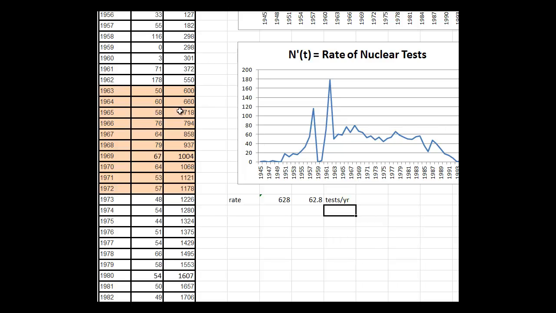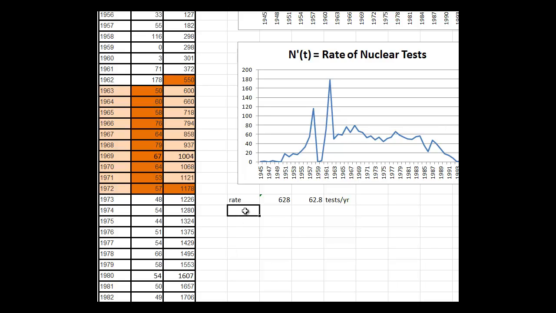Now let's do the same thing with the accumulation column. The way the accumulation column works is we start with this number here, 550. We add all those rates, annual amounts, and then we end up with that one. So we start with the number in 1962 as our base, even though it's out of range, and we add the next 10 years accumulated annual changes, and we end up with a total accumulation of 1178.